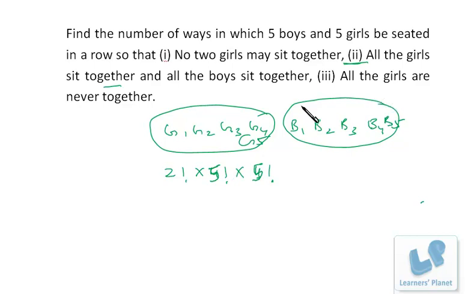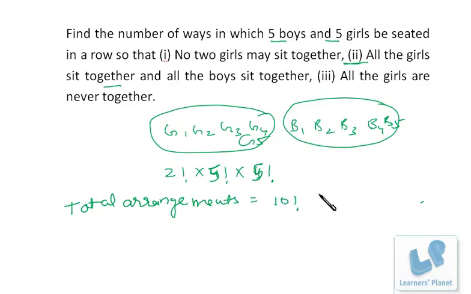Now the next is all the girls are never together, right? First of all, what we do in this case, we make the arrangement when all the girls are together. See, what is the total number of arrangements? 5 boys and 5 girls. If there is no condition, the total number of arrangements is 10 factorial, right?